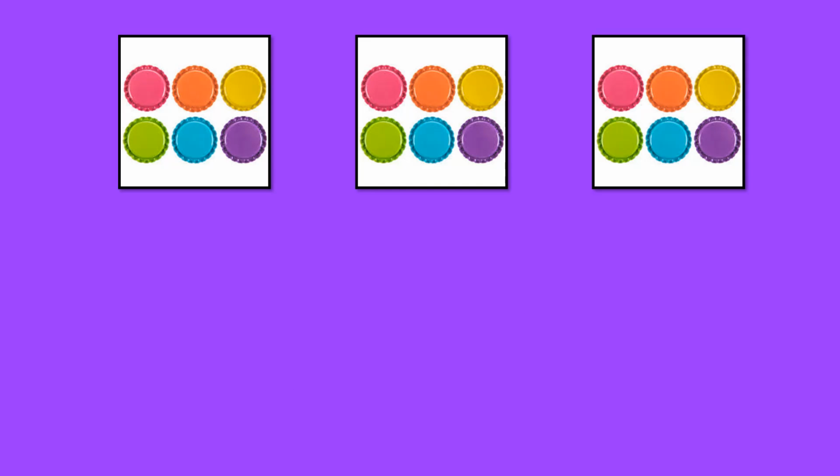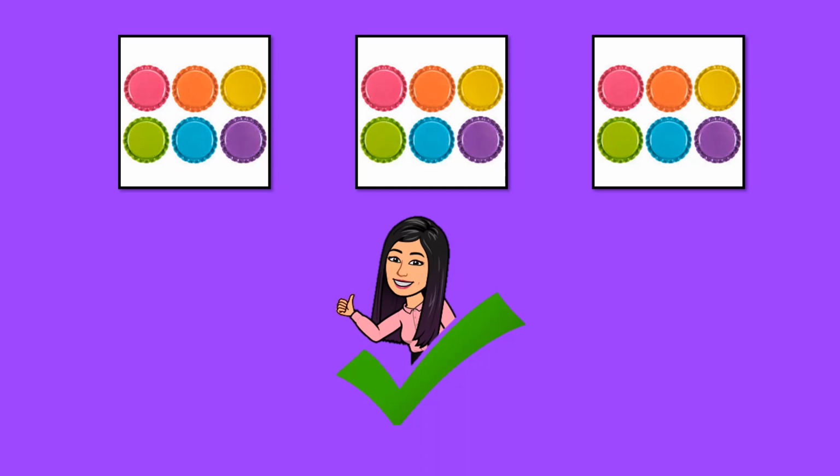Let's have this. Can we use multiplication in this set of objects? Yes, we can use multiplication here because each group has the same number of elements. How about here?